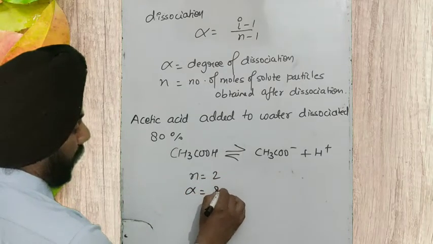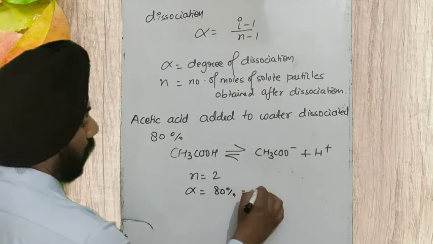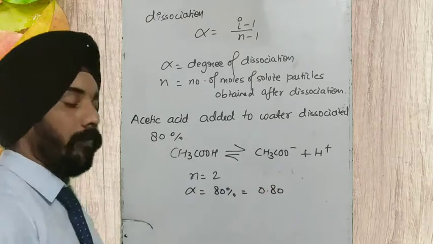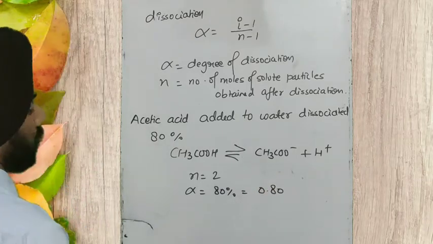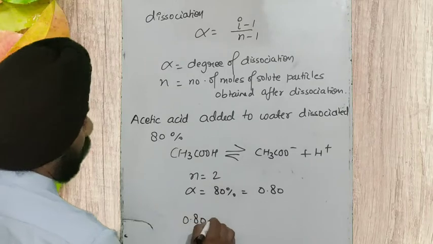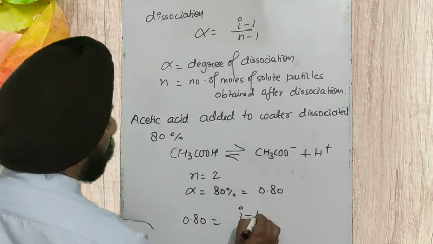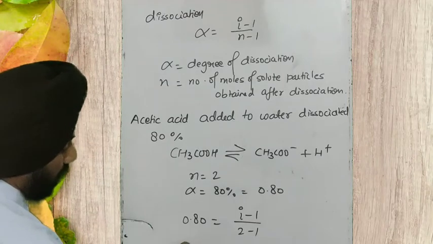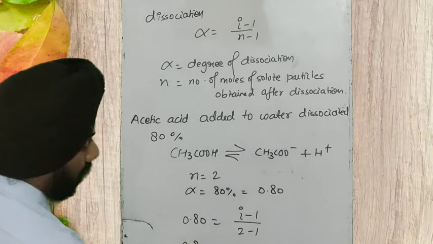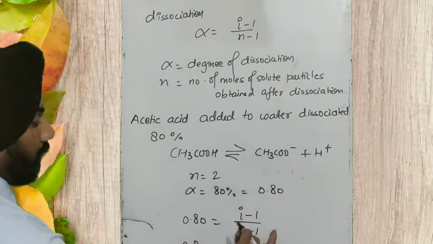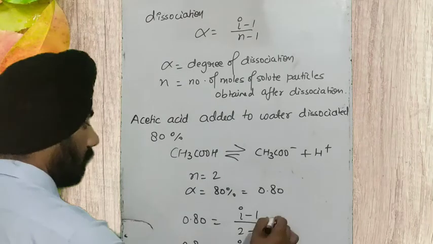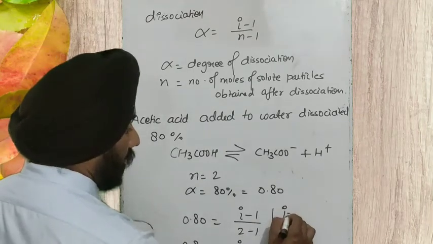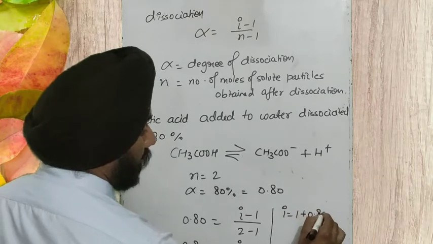Alpha is equal to 80%, or more correctly, 0.80. So alpha is 0.80, equal to (i minus 1) upon (2 minus 1). So it is 0.80 equals i minus 1, and 2 minus 1 is 1. So what will be the value of i? That is 1 plus 0.80.